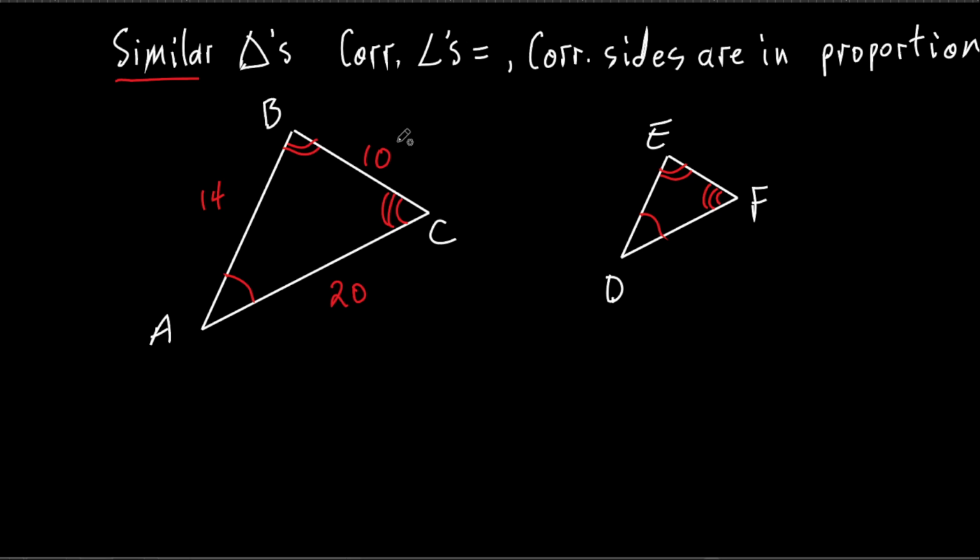We'll just say that. Now, if I come over here and I told you that DF was 10, and that they are similar to each other, okay? If this is 20 and this is 10, take a wild guess what ED would be. Why?